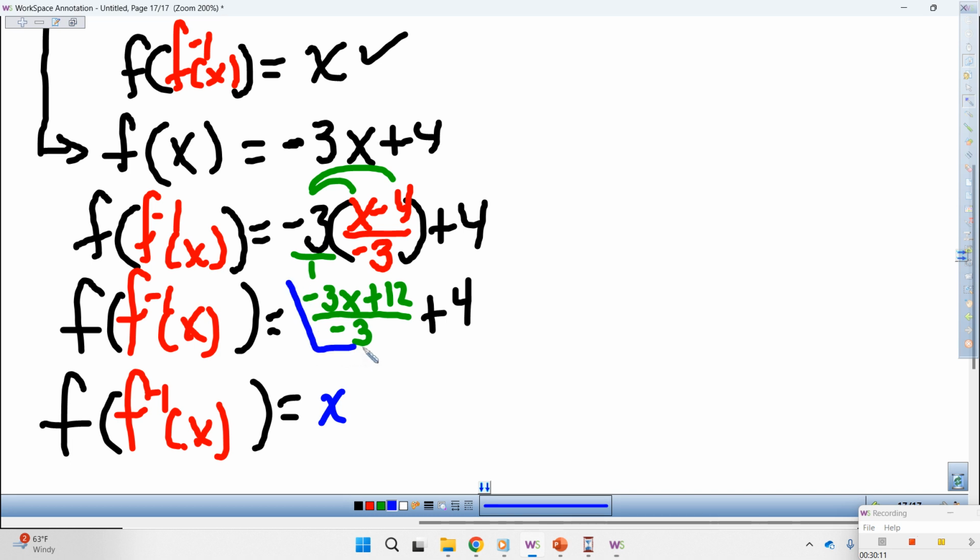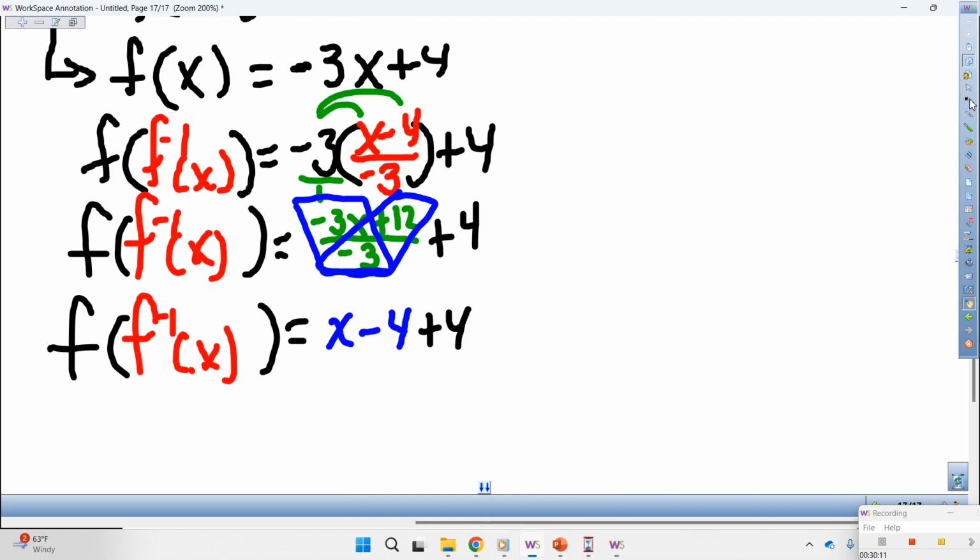Okay, let's see if you see it. Here goes again. -3x divided by -3 is x, yes? And then we got 12 divided by -3 is -4. Yes? All right, bring down the plus 4. And let's simplify the last step.